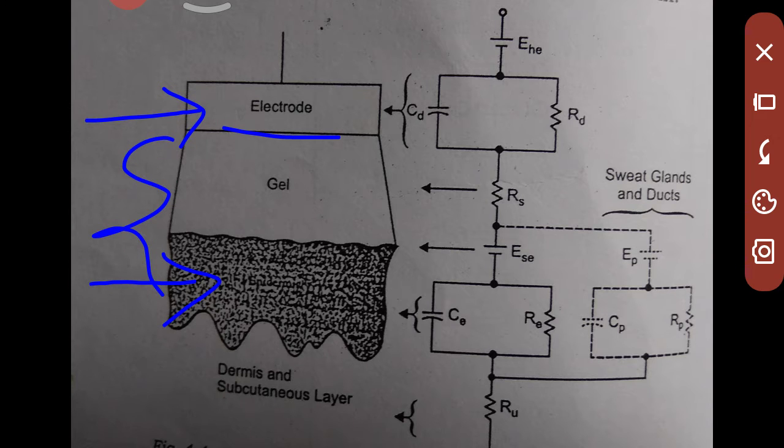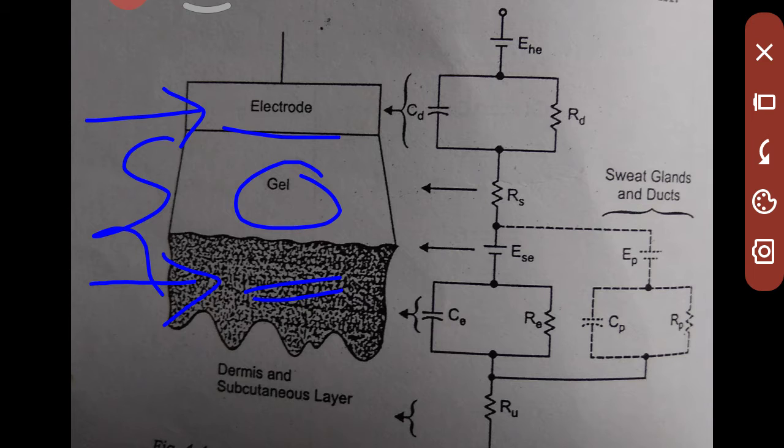In between the electrode and the human skin, we are applying the gel here. Without applying the gel between the electrode and human skin, it cannot give a high accuracy output signal. This is the reason we are applying the electrolyte gel. It will reduce the error and noise signals at the interface between the human skin and the electrode.